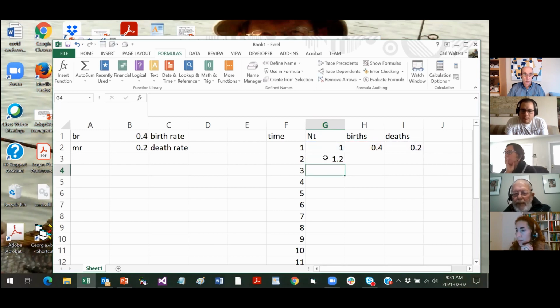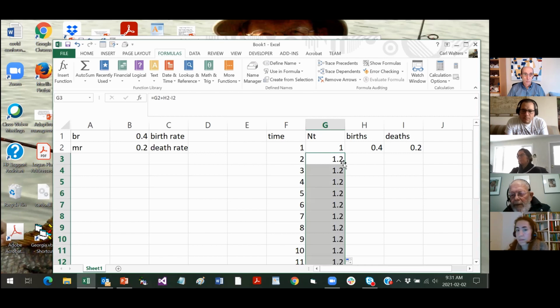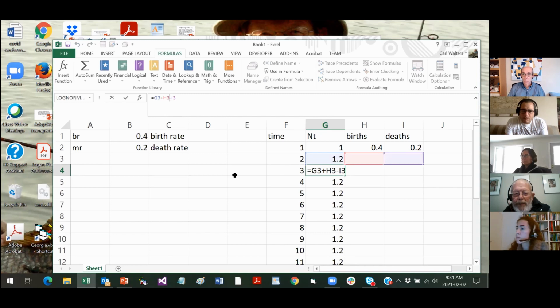Fair enough? So now I'm going to do the same thing. If you watch my mouse pointer, it changes. If I go right down to the corner of that cell, it will change to a fine crosshair. Now, if I double click that, it will autofill the equation downward in time. If I look at time 3, it will be predicting from time 2.